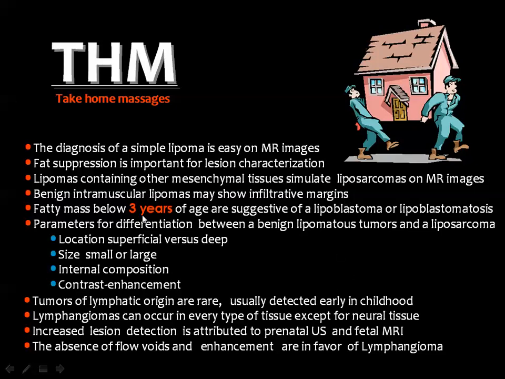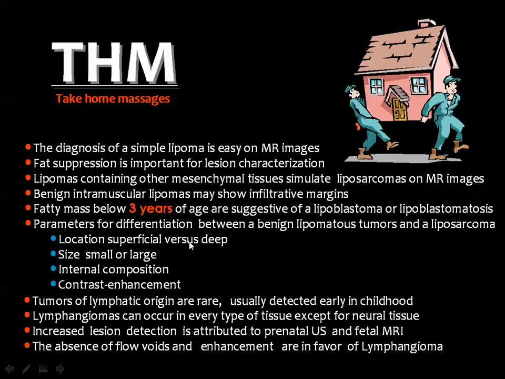Fatty mass below the age of 3 years is suggestive of lipoblastoma or lipoblastomatosis. The parameters for differentiation between benign lipoma and liposarcoma include location in the superficial or deep. Superficial lesions are usually benign.